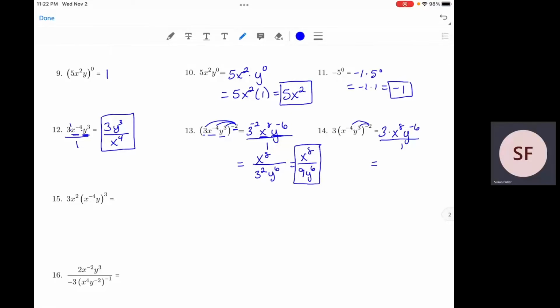The number 3, positive exponent says stay. X to the 8th, positive exponent says stay. Y to the -6th, negative exponent says go. So overall, I have 3 times x to the 8th all over y to the 6th.